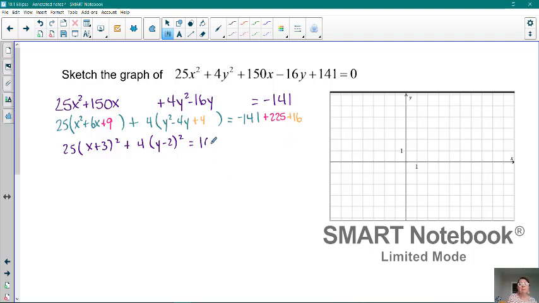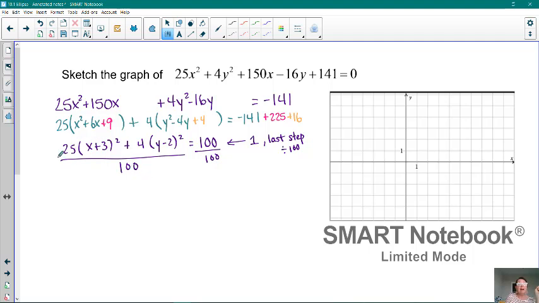Indeed, 100. Here's where we get different from the circles. Remember, this number has to be 1. So your last step is to divide by whatever that number is on both sides. So we'll divide here on the right, that's the easy part. Here on the left, not as easy.